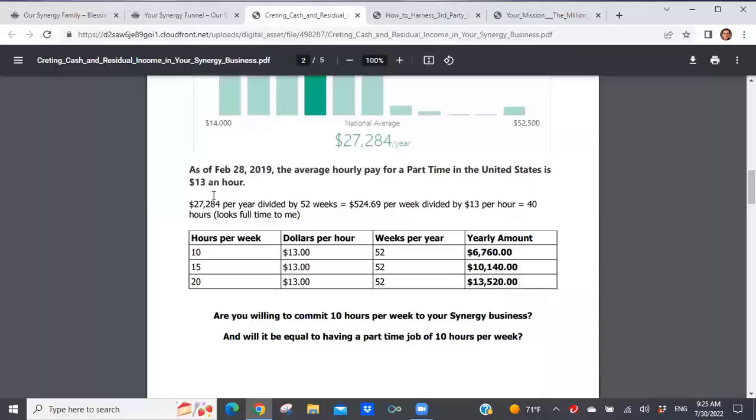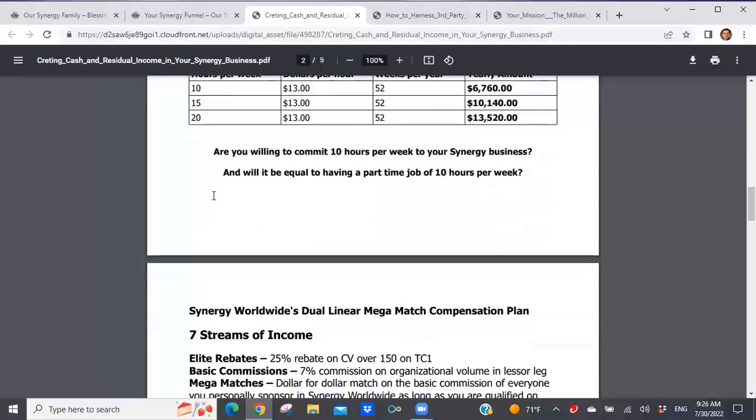Again, you can help a person see that if they're going to do a part-time job to supplement their full-time income from the employer they have, maybe a Synergy business would make sense. If you're going to spend 10 hours or 15 hours in a part-time job, what does that translate to in terms of yearly income? And what would happen if you did that same 10 hours a week with your Synergy business?